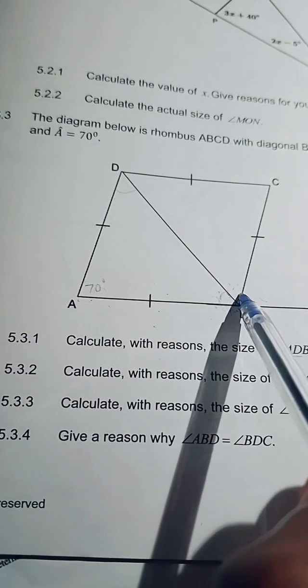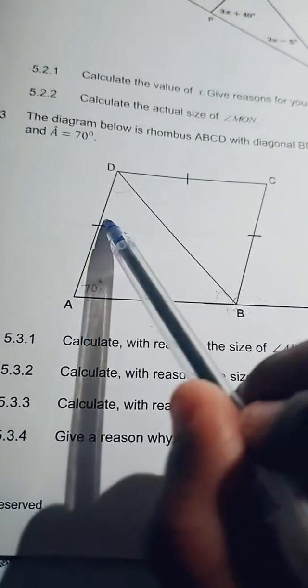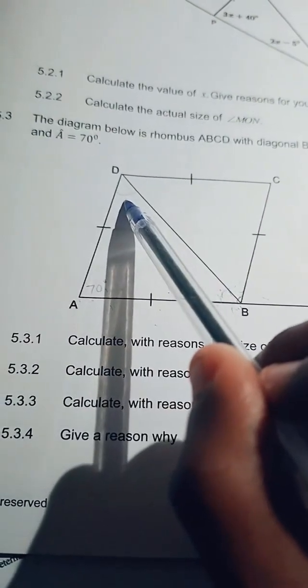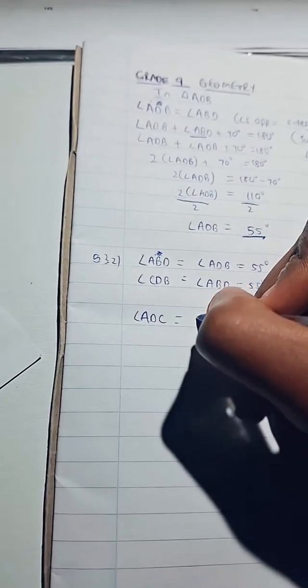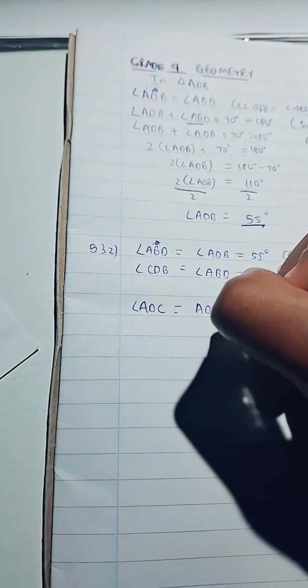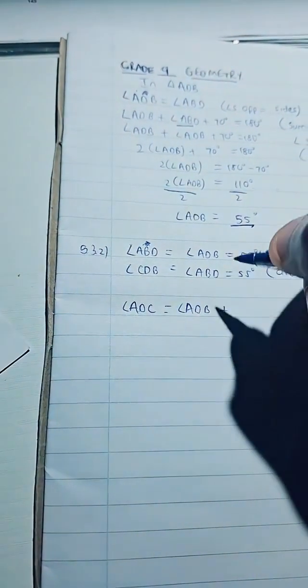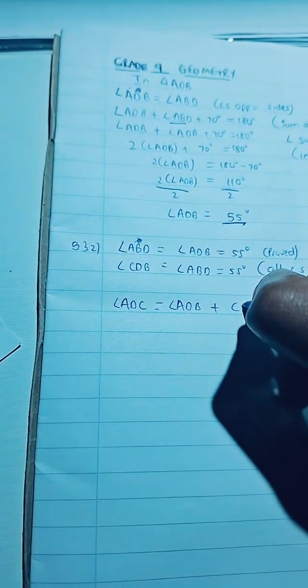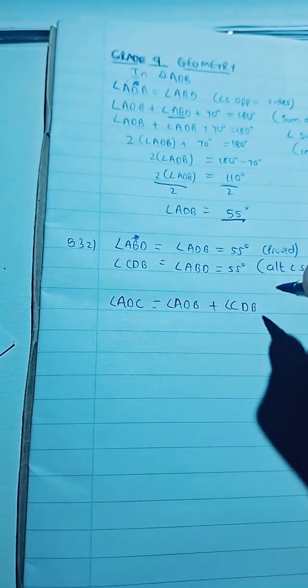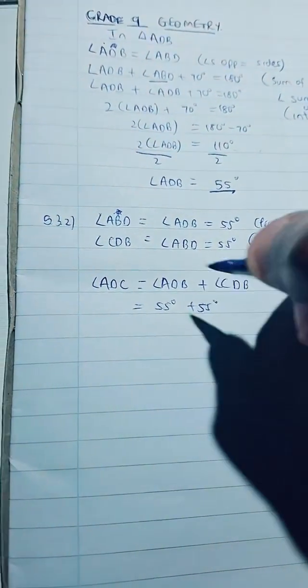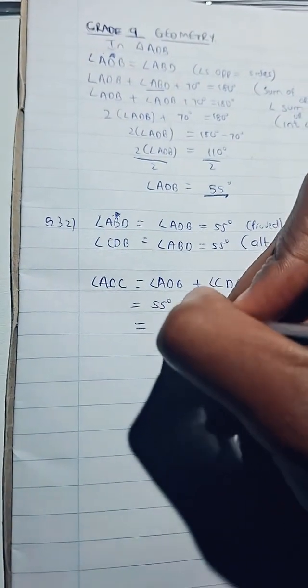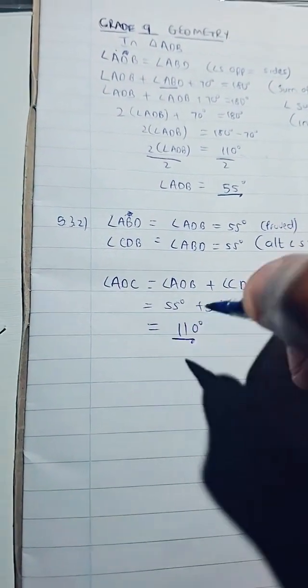Angle ADC is equal to angle ADB plus angle CDB. So that is 55 degrees plus 55 degrees, which gives us 110 degrees.